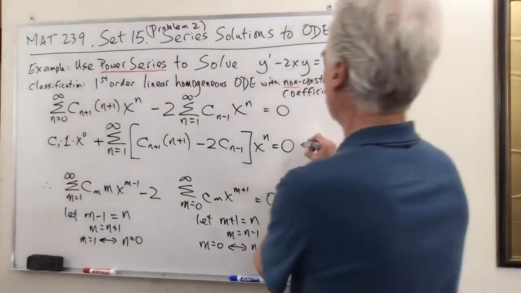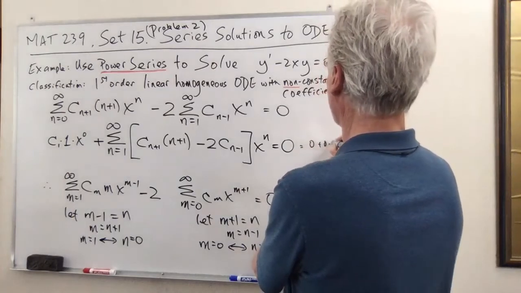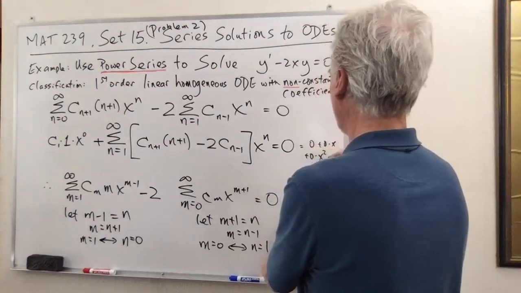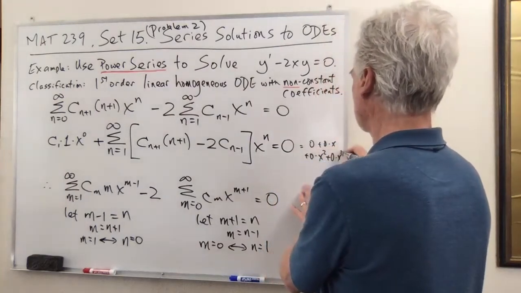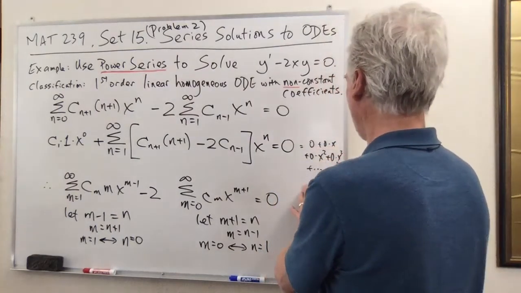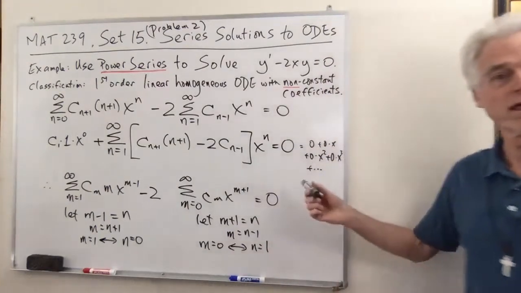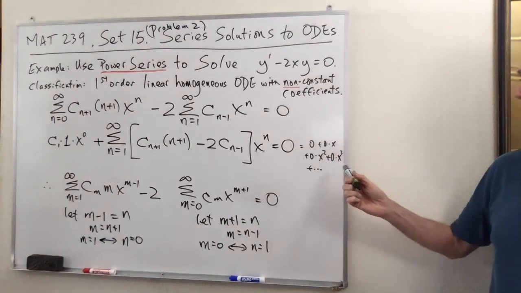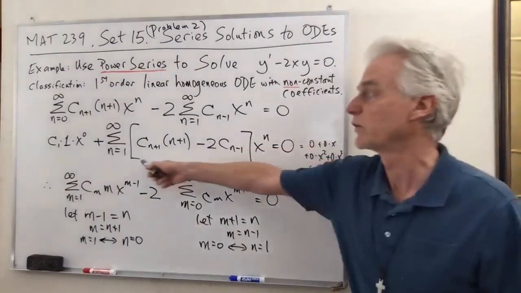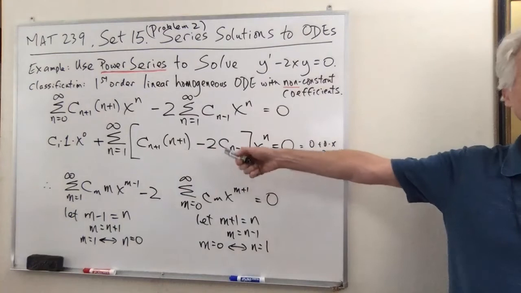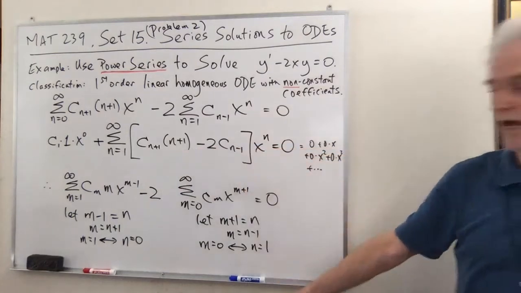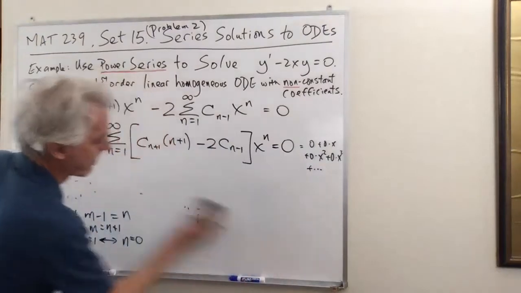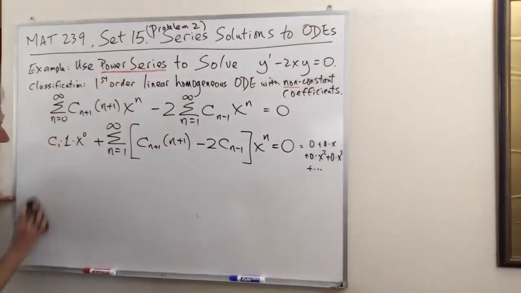So that's really equal to 0 plus 0 times x plus 0 times x squared plus 0 times x cubed. Need I say more, right? The coefficient in front of x to every power on the right-hand side is 0. So we need to have the coefficient in front of x to every power being 0 on the left-hand side. Cool.